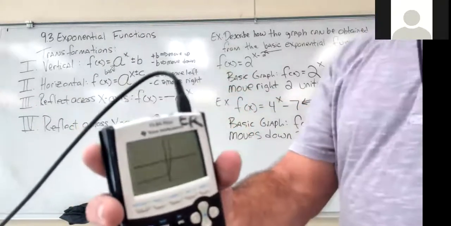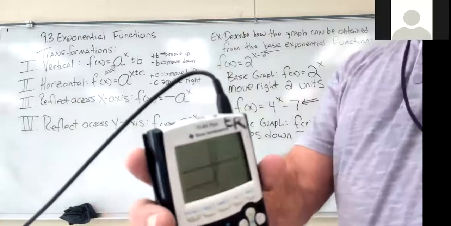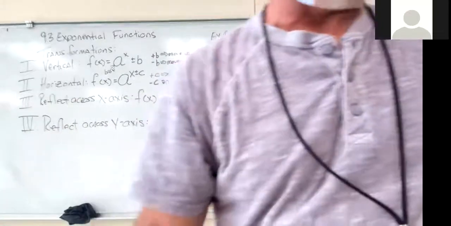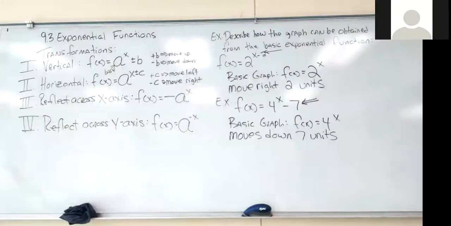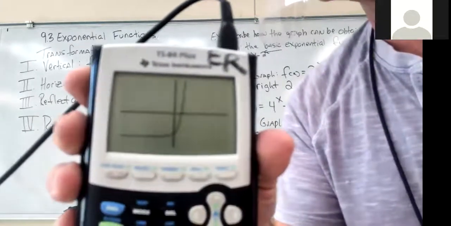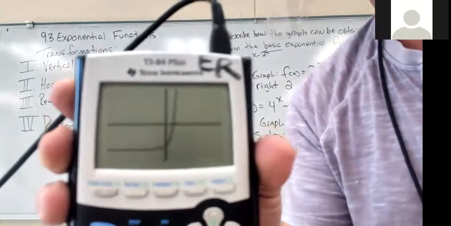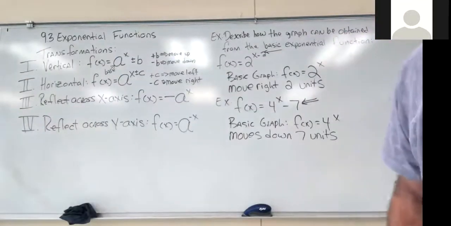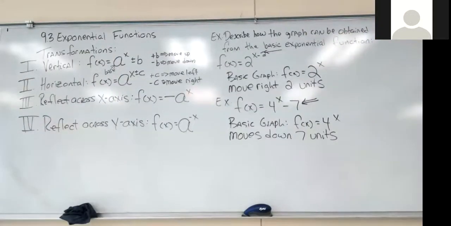And notice it brought that down. So my graph is way below the x-axis now than it was. Looks like about 7 more units down. Do you see how it brought it down 7? So that's the thing you're gonna be doing with these.